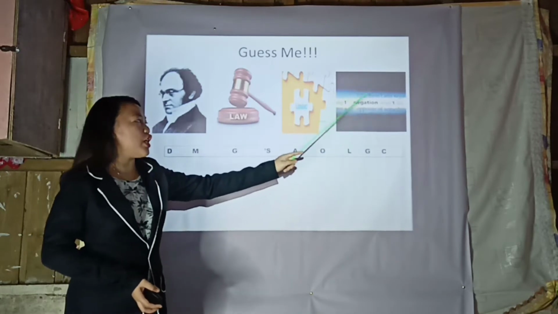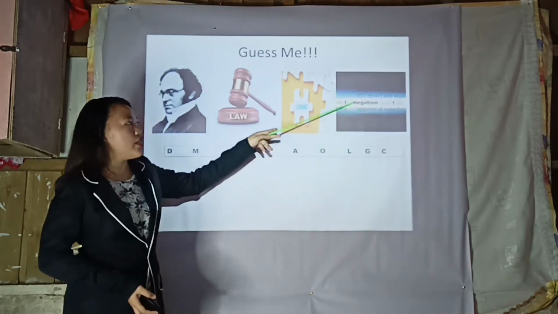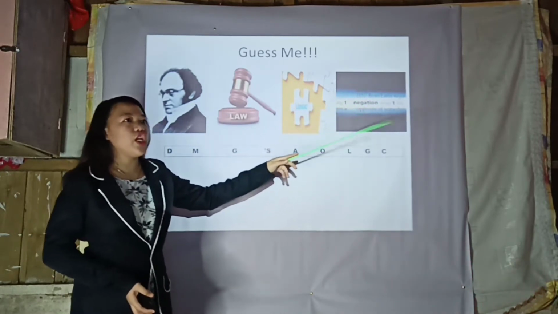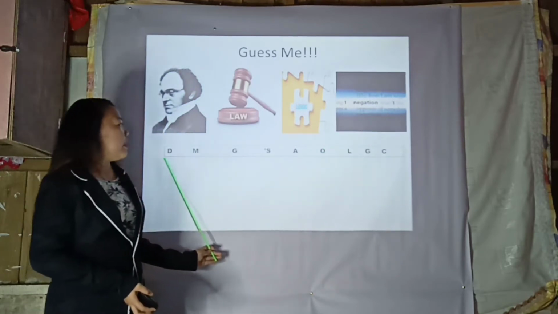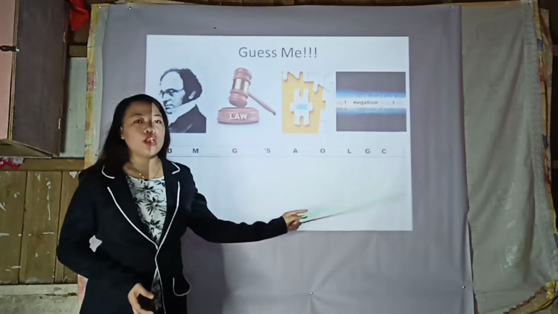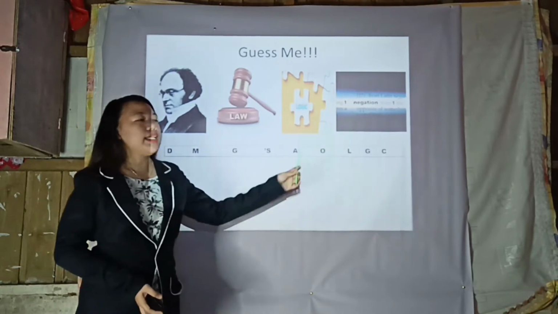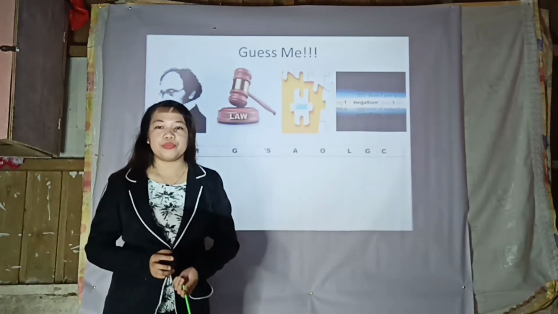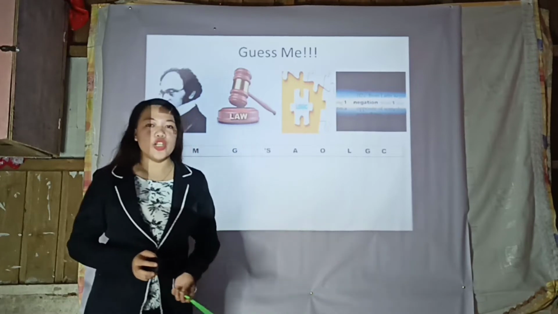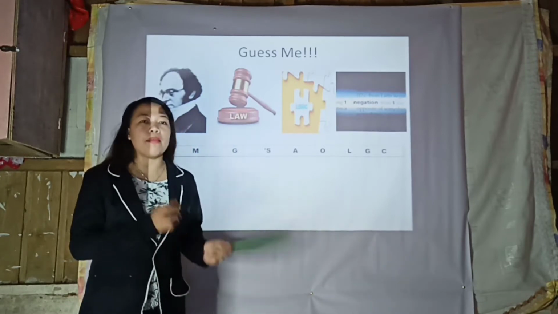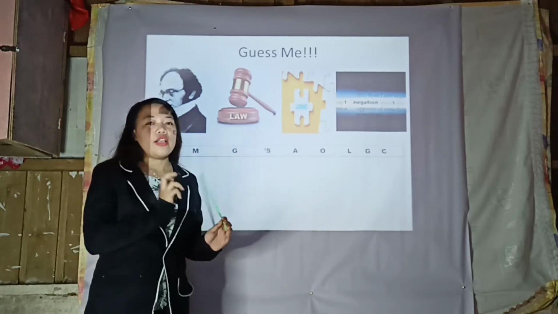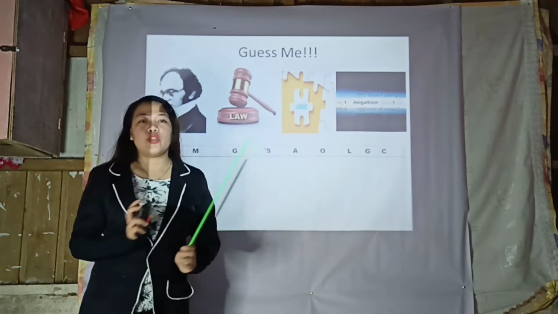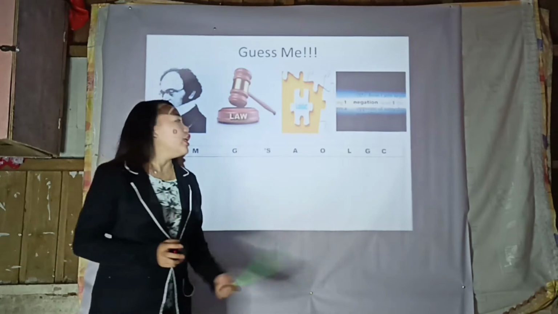The fourth picture is the word negation, which is used in De Morgan's law of logic. So what is negation? Negation is changing the positive to negative or changing the negative to positive.